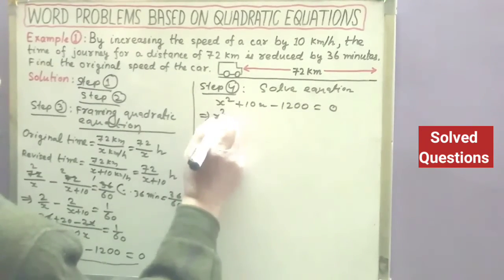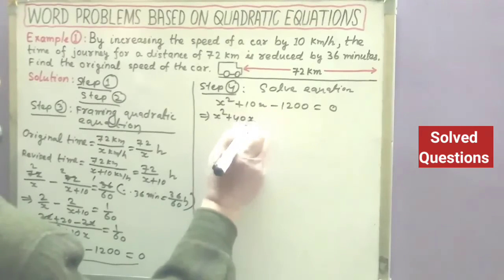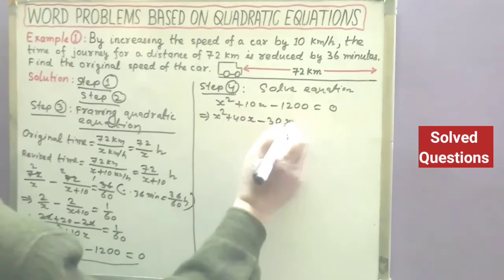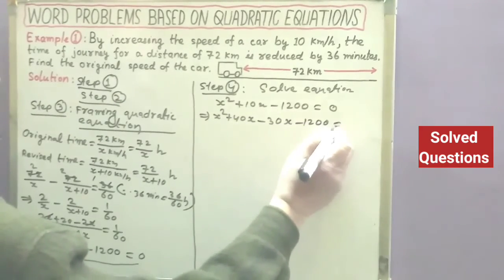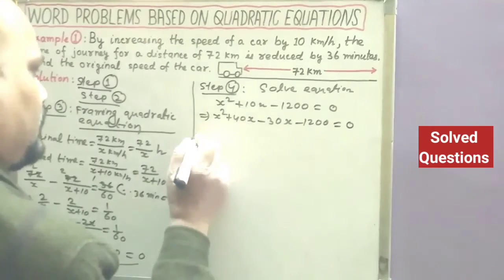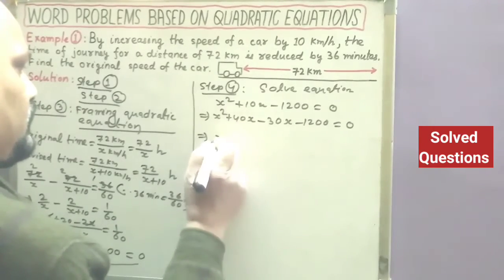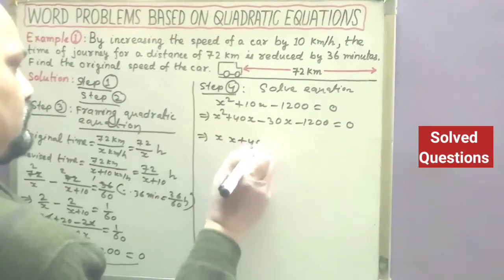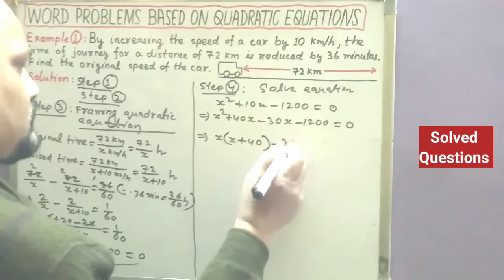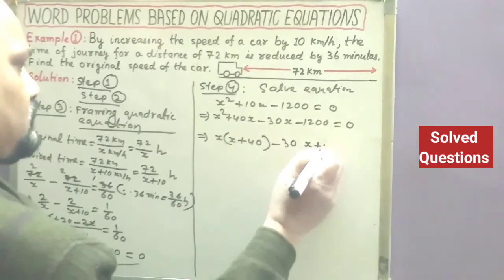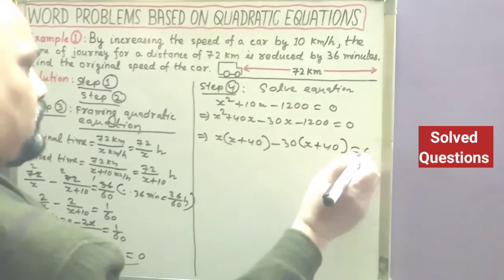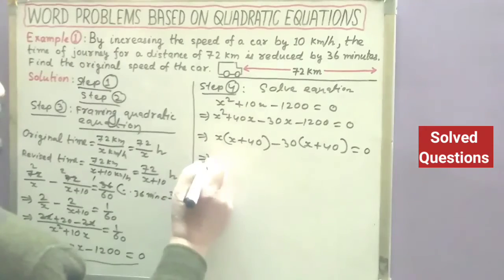That implies x square plus 40x minus 30x minus 1200 equals 0. That implies x taking common, x into (x plus 40) minus 30 taking common, 30 into (x plus 40) equals 0.